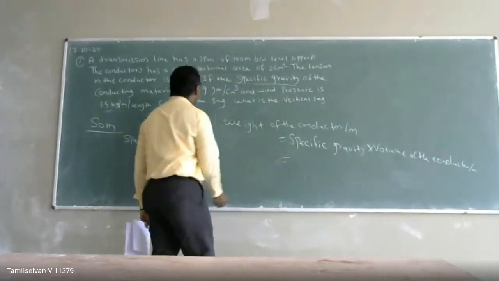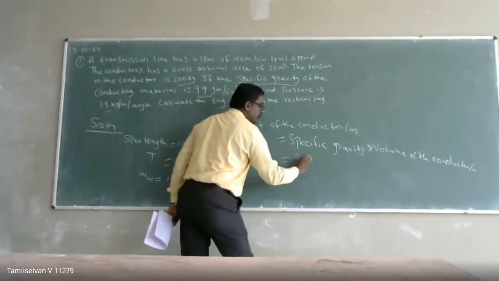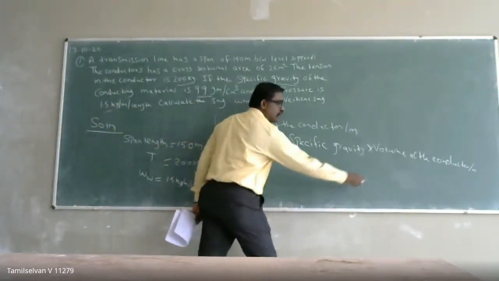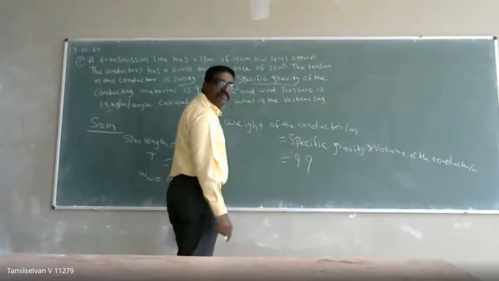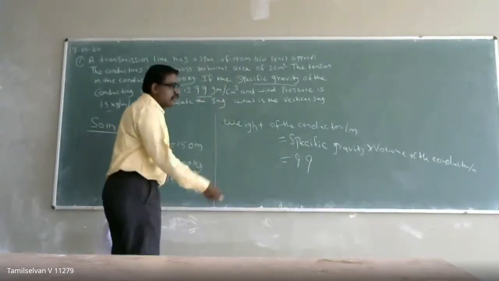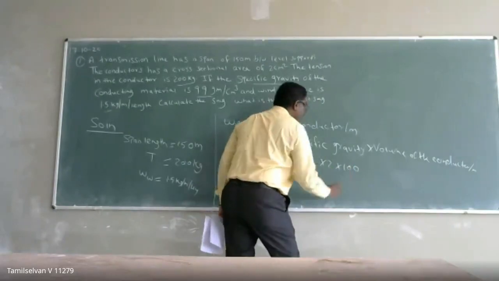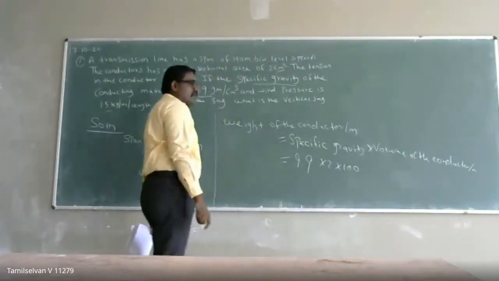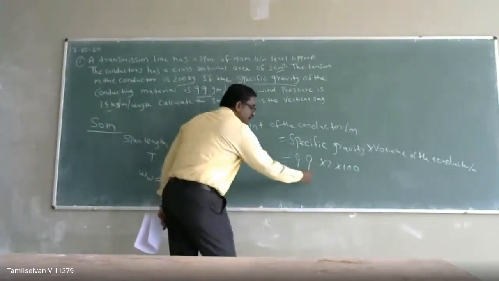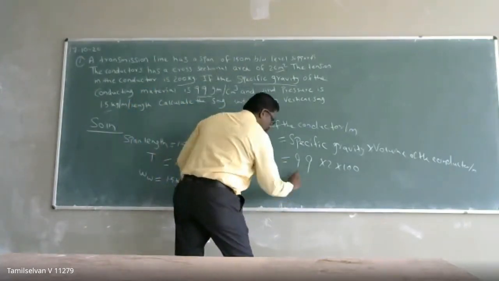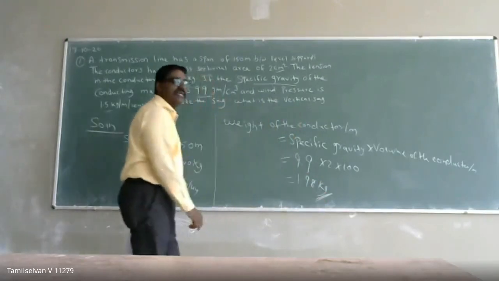The specific gravity is given as 9.9 and the section area is 2. Multiply these and you will get 1.98. So you will get the weight.